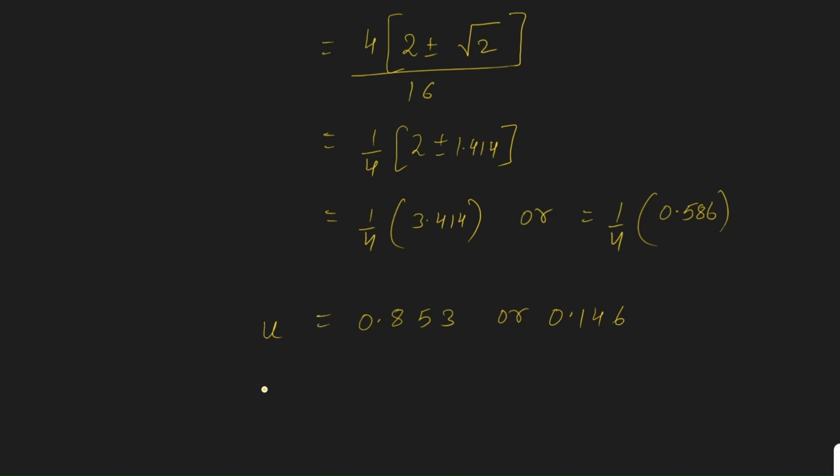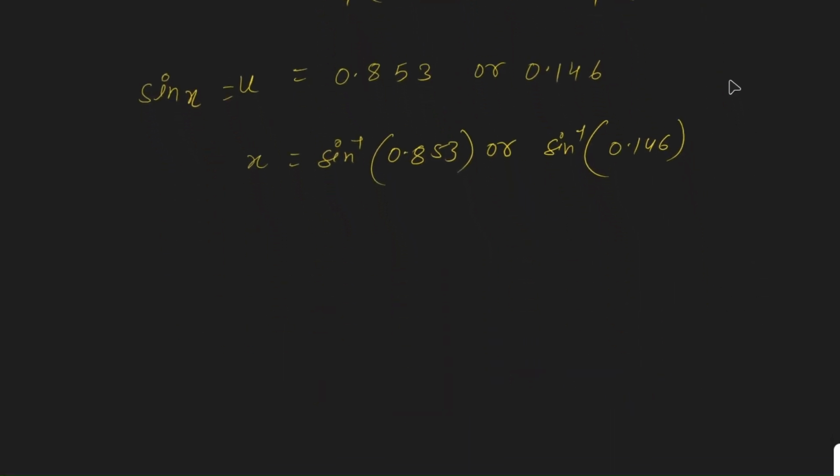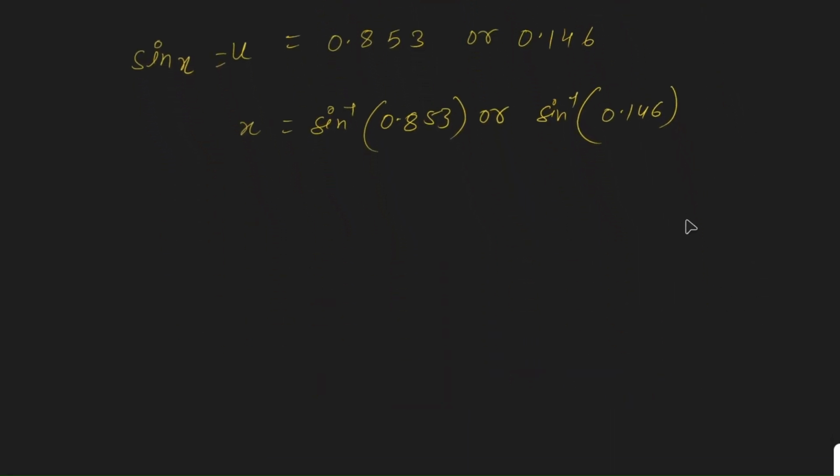So these are the values of sine x. Now to solve for x, we can take the inverse on both sides. So x will be the sine inverse of 0.853 or the sine inverse of 0.146. Let's use the sine inverse table or a calculator to solve for this.